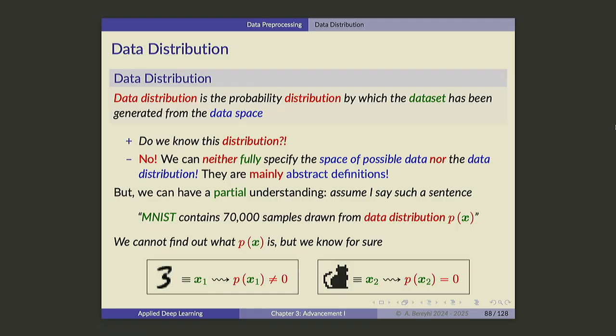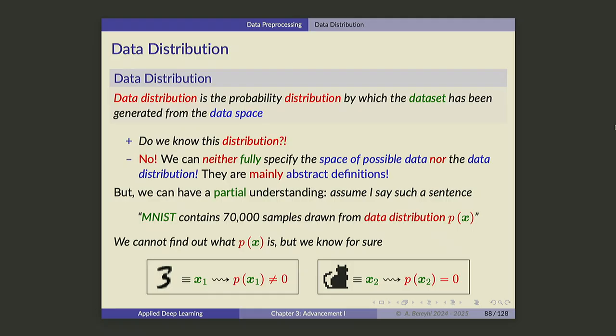Some people say, no, it's not a handwritten 3. It was something else, right? And then you can say, okay, this is going to happen with a very tiny probability in my data set, right? So it's going to get rid of this issue of harshly saying that this sample happens, this sample does not happen. But that probability P, well, you don't know it, right?